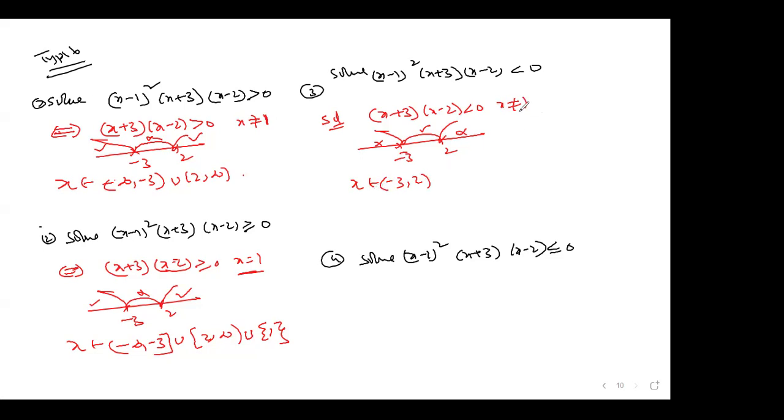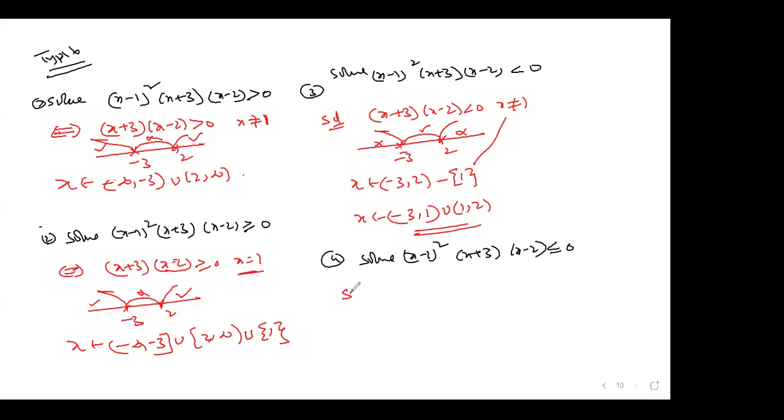Why? x is not equal to 1. So what you have to do here is exclude 1. You can write x belongs to minus 3 to 1, union 1 to 2. Clear, Nana?